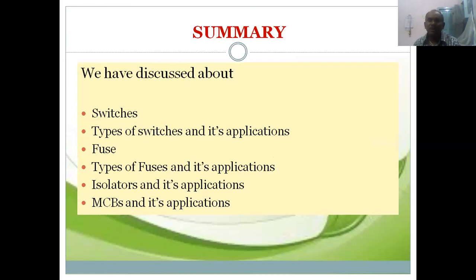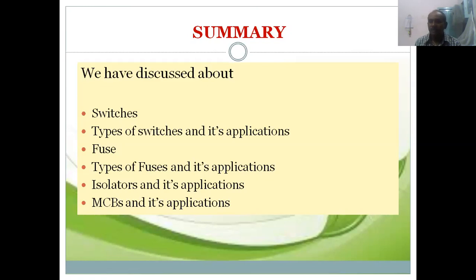Now let us summarize what we have learned in this class. We have discussed switches: what is a switch, what is the meaning of the switch, how it operates, and what the different types of switches are. Similarly, the fuse: what is a fuse, what are the fusing materials, what are the purposes of a fuse, what are the different types of fuses, and what are the applications of fuses.